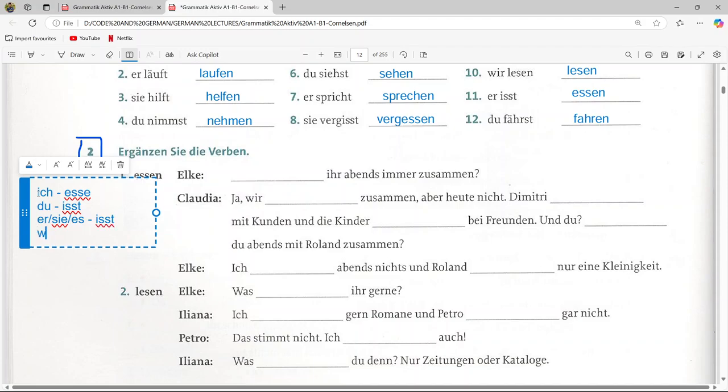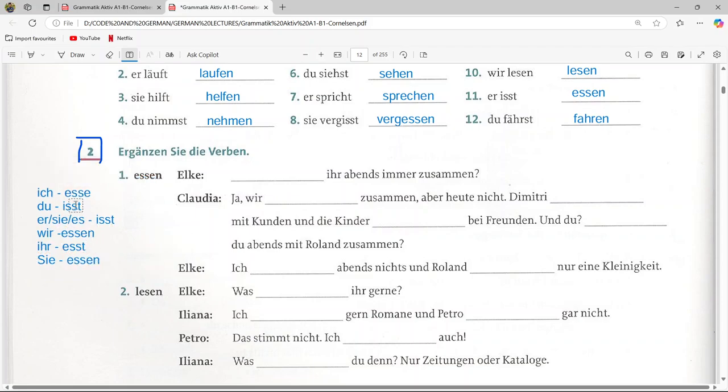And then for wir, it is essen, no problem. Then for ihr, it is not i based, it is esst. And lastly, for plural or formal Sie, I will just write formal Sie, and it is essen. So we know all the conjugations for essen, and now we will fill in the blanks.